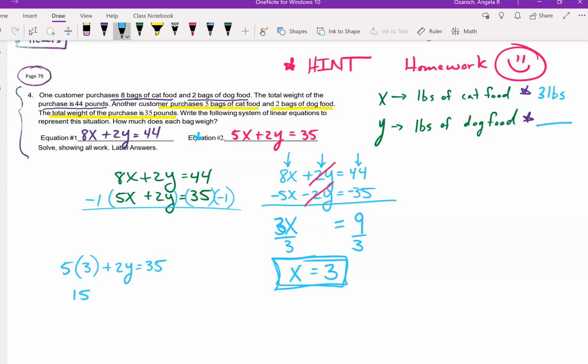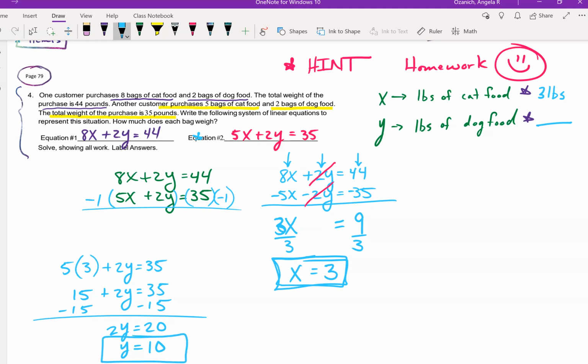So we'll solve this. Subtract 15 from both sides. What does that leave us with? 2y is equal to 20, which means y must be equal to 10, because I'm going to divide both sides by 2. So I want to say the dog food bags are 10 pounds each.